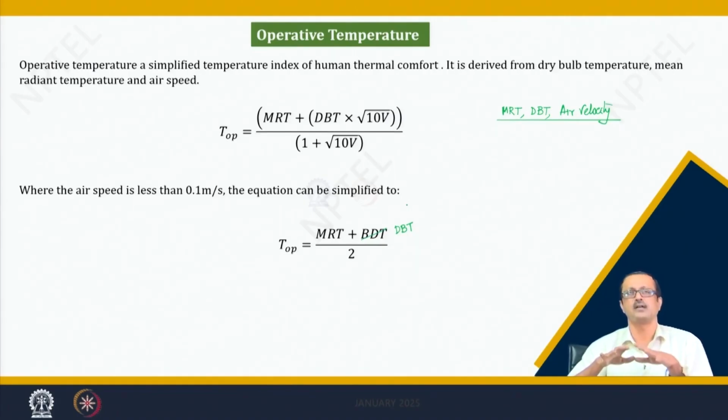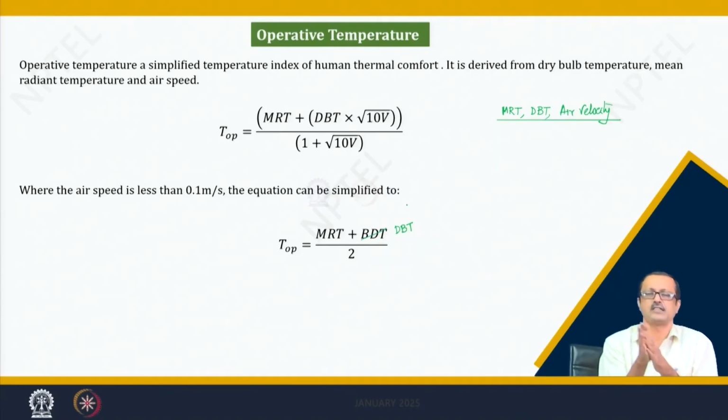It is a simple composite index of temperature, like effective temperature, where the MRT, DBT and the velocity of the air are taken into account. The combination of these 3 can give a certain temperature which is not equal to MRT, DBT or WBT, but a new combination called the operative temperature, which a human may feel, as our brain may map that kind of temperature as the operative one.